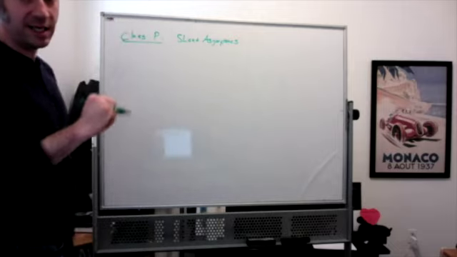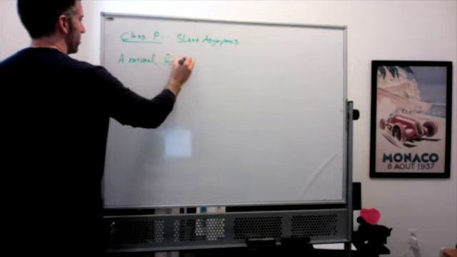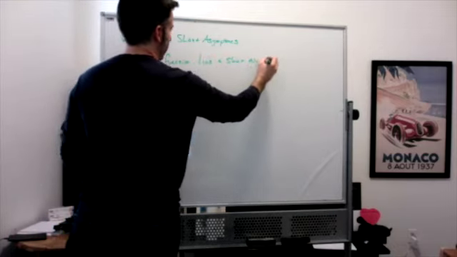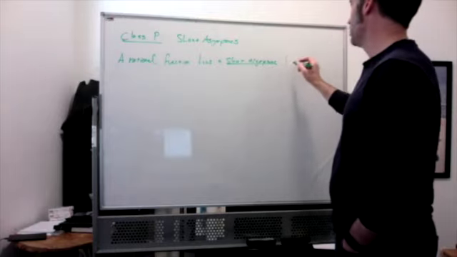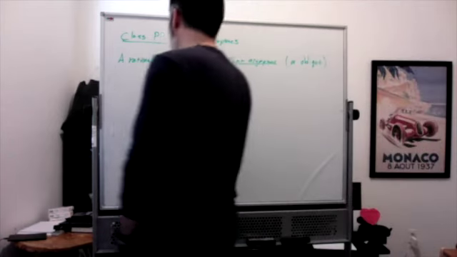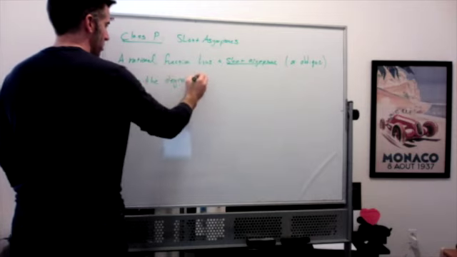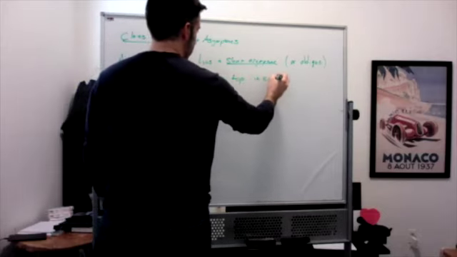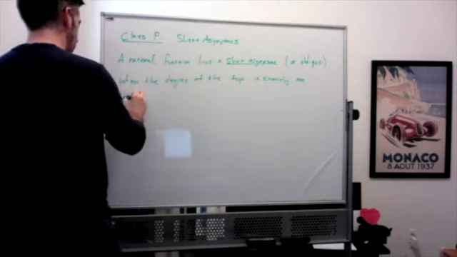So a rational function has a slant asymptote, which I will usually call them slant asymptotes, but you might hear other professors or books say the word oblique, when the degree of the numerator, or the top, is exactly 1 larger than the degree of the denominator.